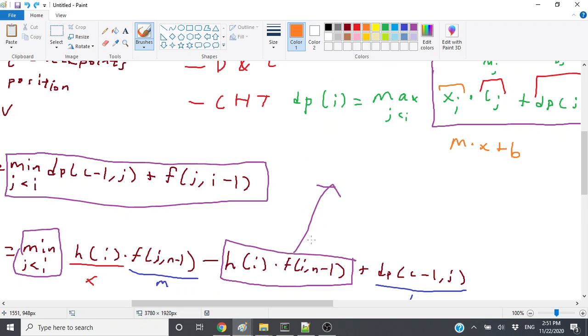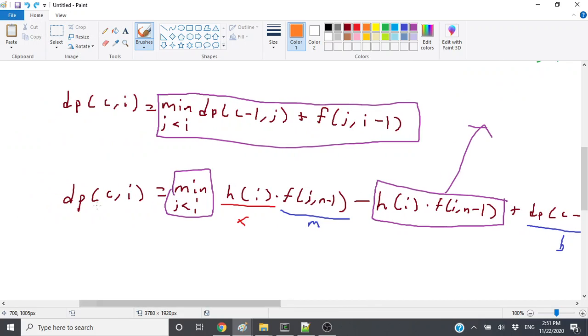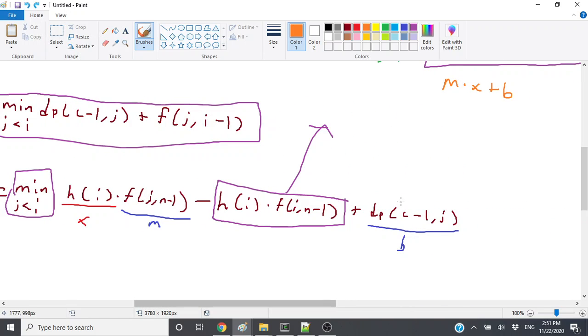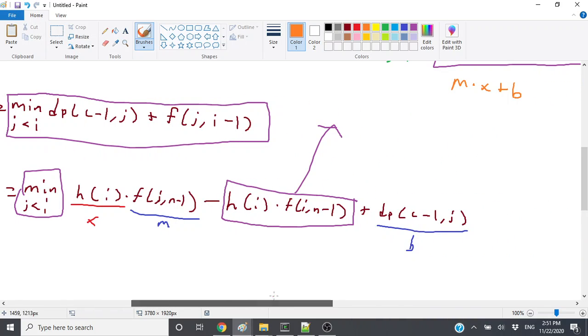And then dp we computed beforehand. We're computing level c, which means we already have to have computed level c minus 1. So for each level c, we build a convex hull trick structure that represents the lines from the previous level of c, and then we go iteratively like this.